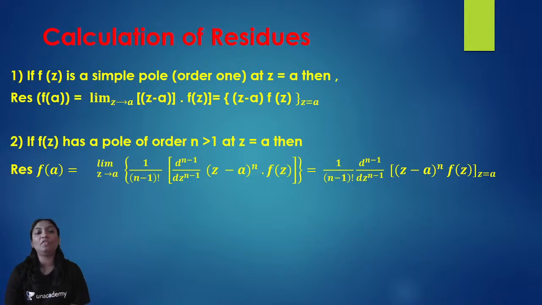Then residue of f at a is equal to limit as z tends to a of 1 upon n minus 1 factorial into d raised to n minus 1 upon dz raised to n minus 1 of z minus a raised to n into f of z, at z is equal to a.